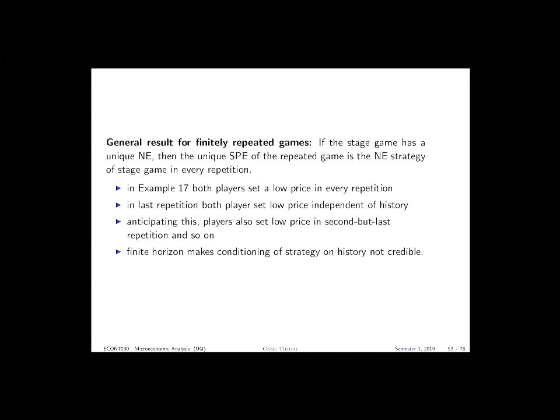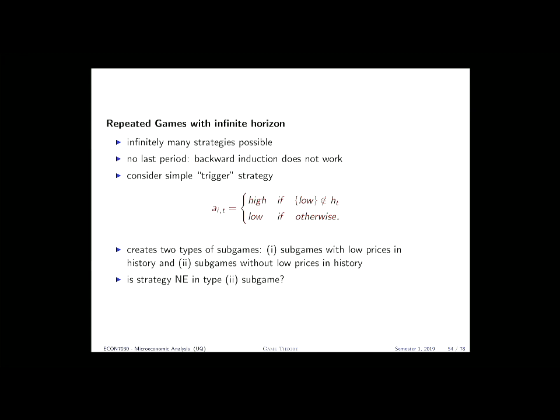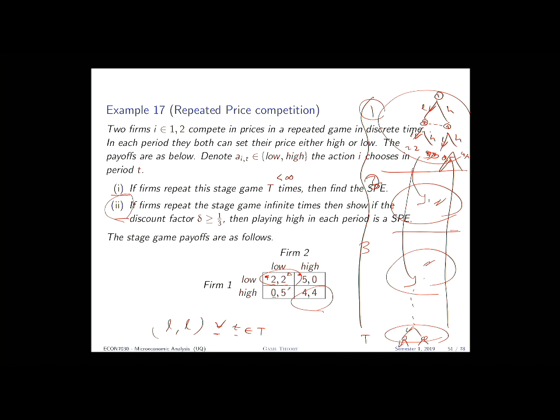So what I was saying is that we are no longer able to use backward induction, but we use a trigger strategy. A trigger strategy is a strategy that ideally makes both firms better off if they cooperate with each other.